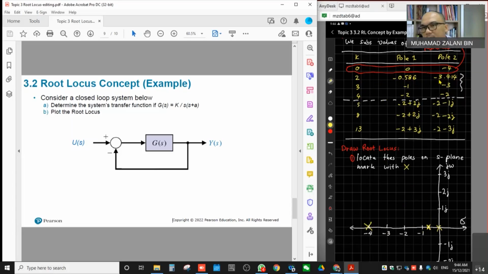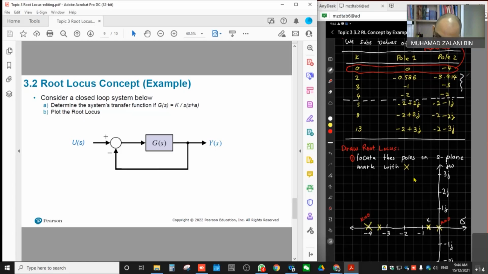And then another pole, the location is negative 3.414. Negative 3.414, suppose that it's over there. So let me just put, this is K equals to 0. K equals to 0 here. And this is K equals to 2.